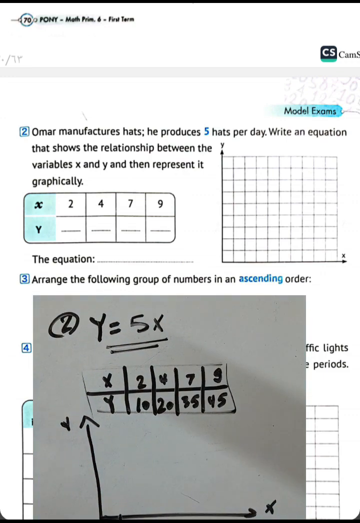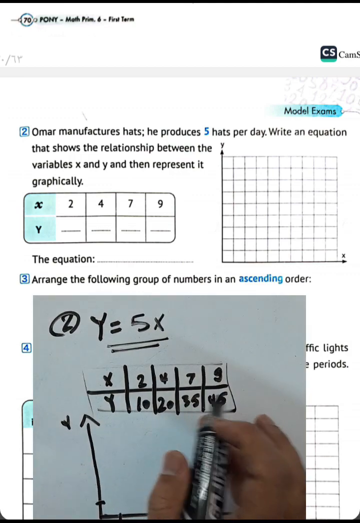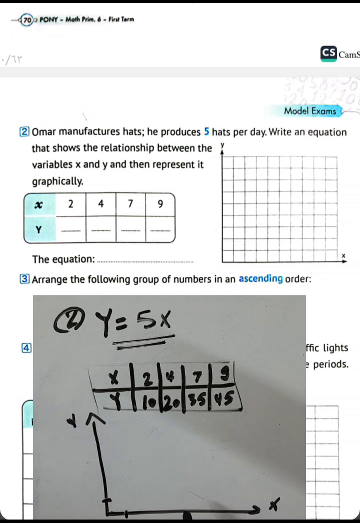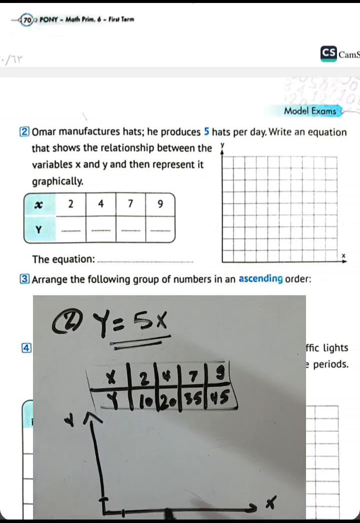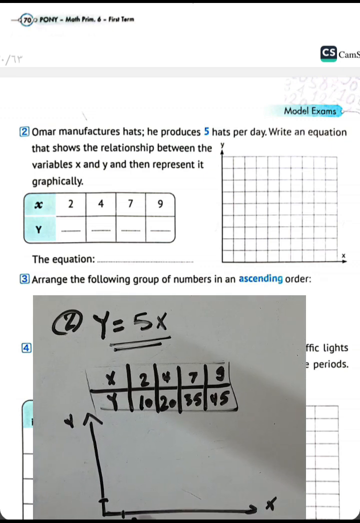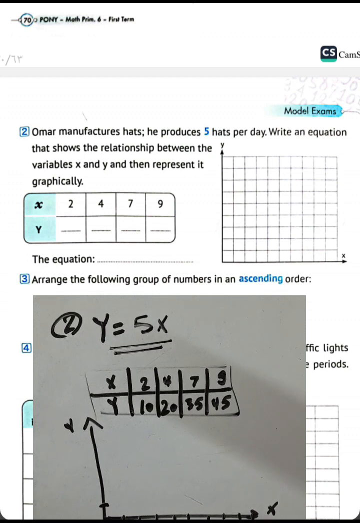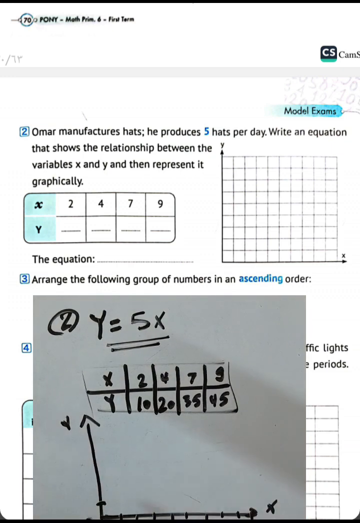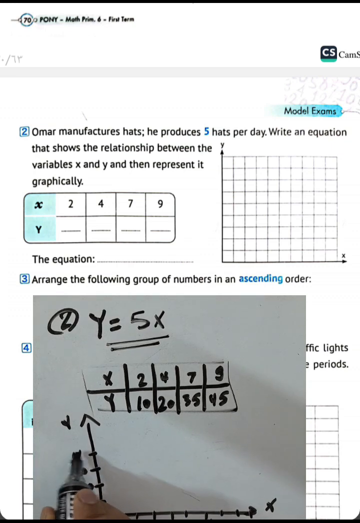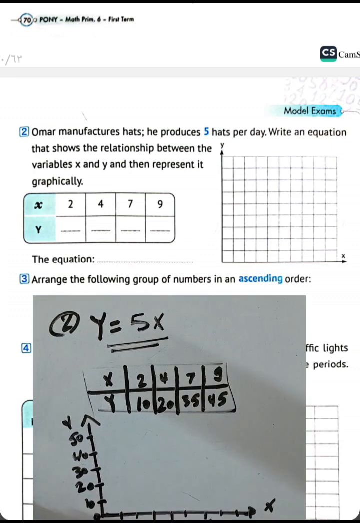We have the images 10, 20, 35, 45. Right here 1, 2, 3, 4, 5, 6, 7, 8 and 9. And for the last one, 45, we write 0, 10, 20, 30, 40 and 50.